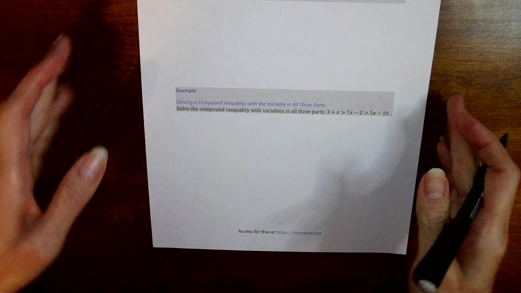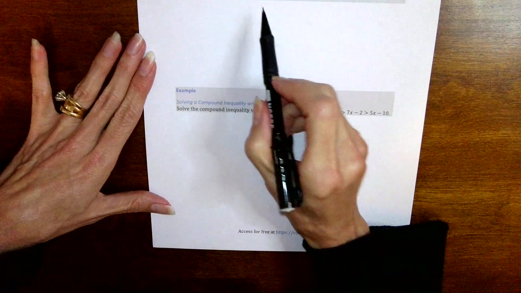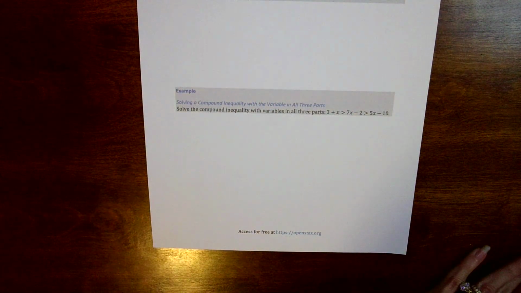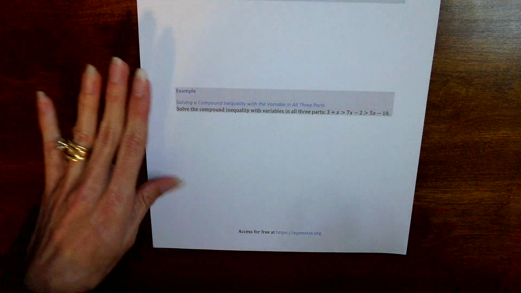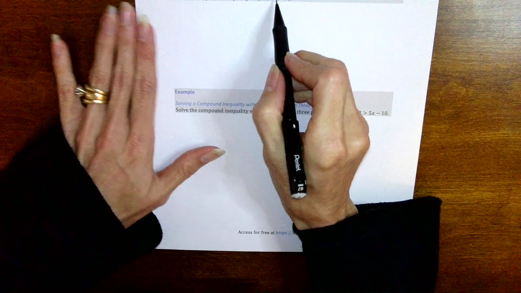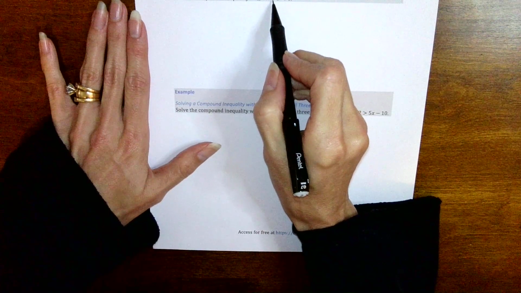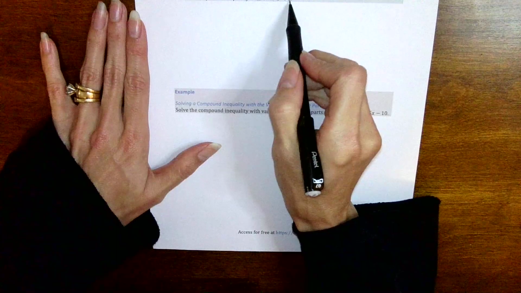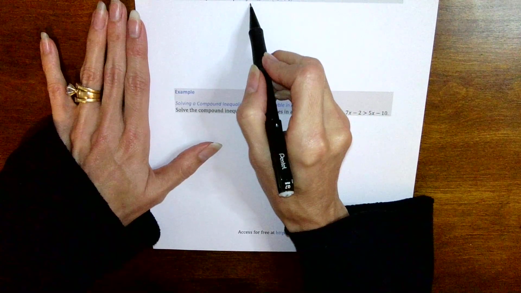Alright, so compound inequalities, sometimes we'll write it this way instead of breaking it up into two. And that's fine. We can work this. It's just that whenever I subtract this negative 2, I have to do it both ways.